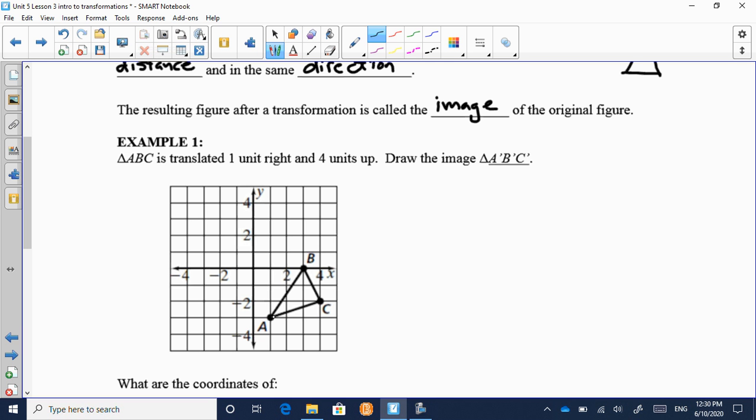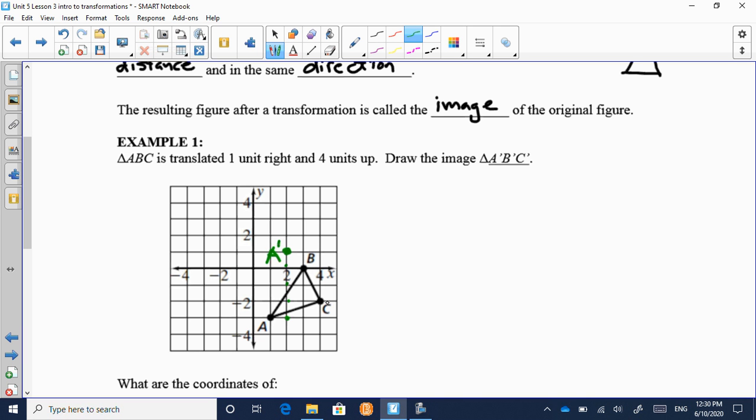So watch this. I'm going to move A. I'm going to pick a different color here. I'm going to move 1 unit to the right. There it is. I've moved A 1 unit to the right, and then I'm going 4 up. 1, 2, 3, 4. So my new A, I'm going to call it A prime, is right there.